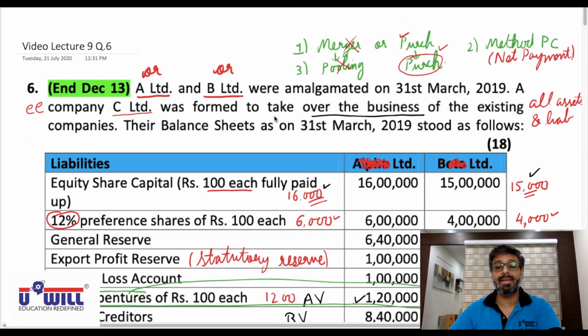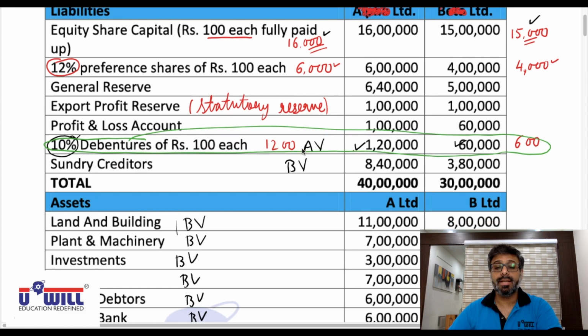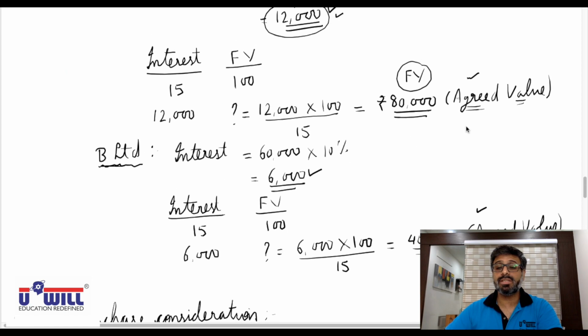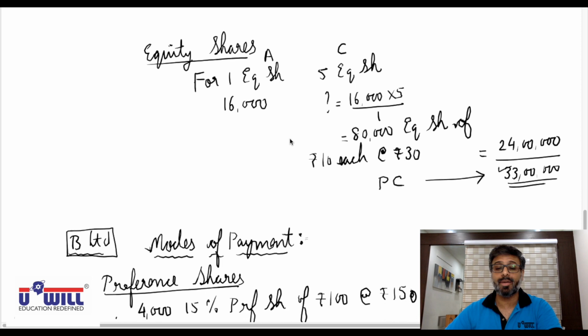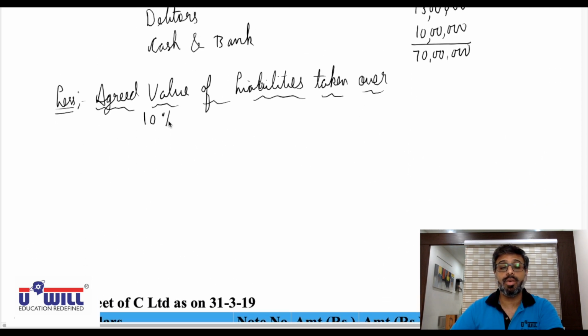Now there are only two liabilities: one is debentures and the other is sundry creditors. Debentures' agreed value we have done in adjustment 1: 80,000 for A Limited, 40,000 for B Limited. So the agreed value is 1,20,000. They are 10% debentures in the old company, but their agreed value is 1,20,000.